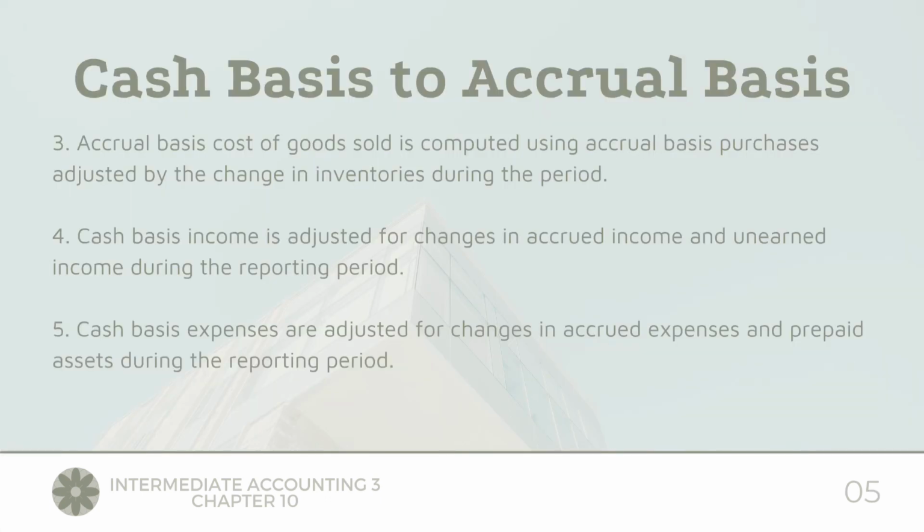Number 3, accrual basis cost of goods sold is computed using accrual basis purchases adjusted by the change in inventories during the period. Number 4, cash basis income is adjusted for changes in accrued income and unearned income during the reporting period. Number 5, cash basis expenses are adjusted for changes in accrued expenses and prepaid assets during the reporting period.